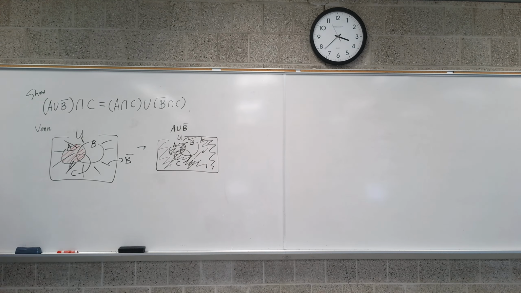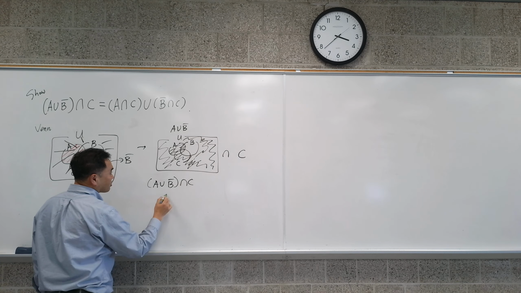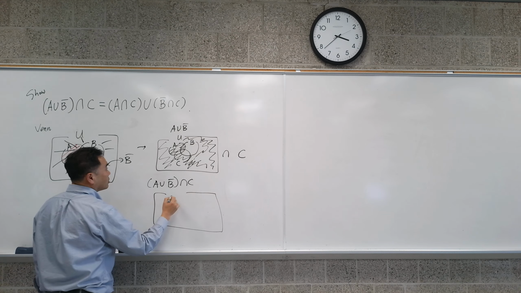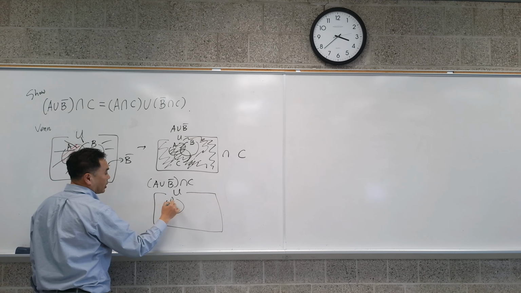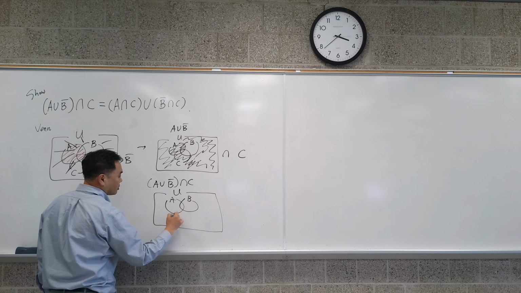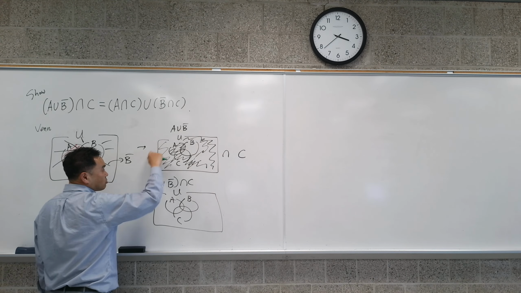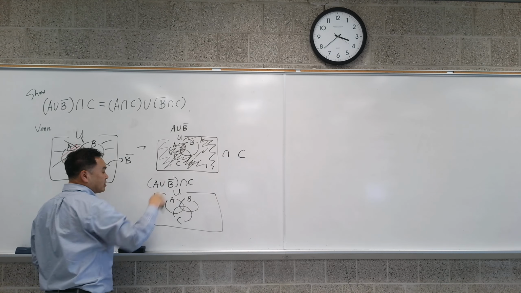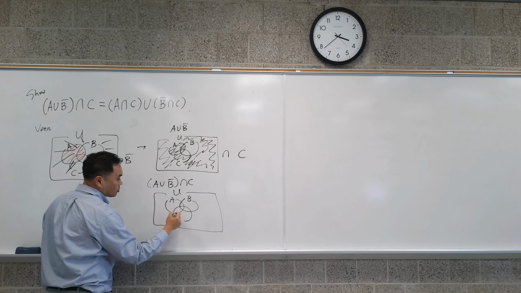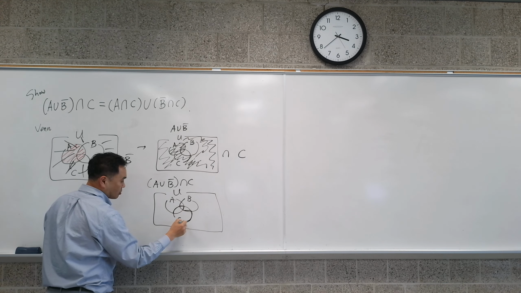All right, so now you intersect this by C. Imagine what you get. You end up with A union B bar intersect C. That's going to give you A, B, and then C. The only portion of this shaded area that belongs inside C is going to be this much.